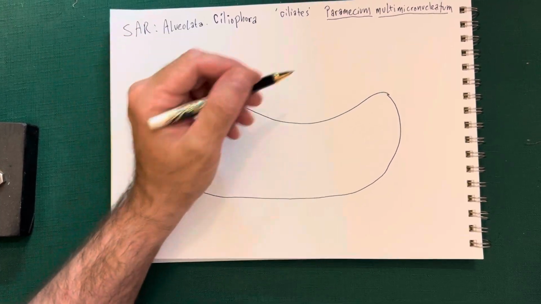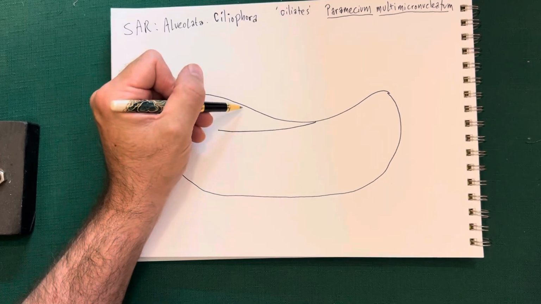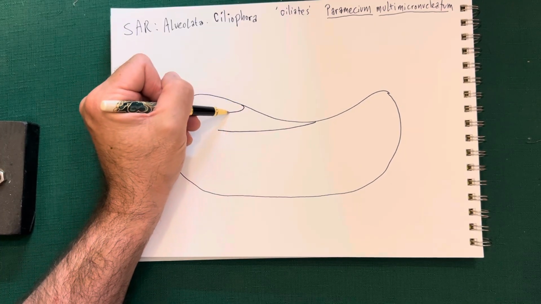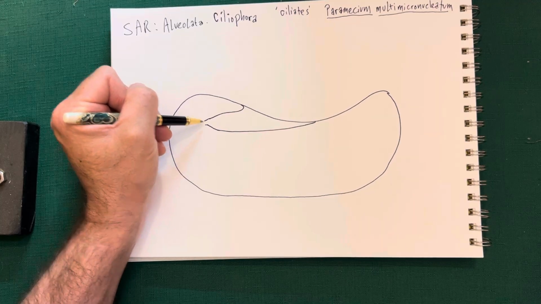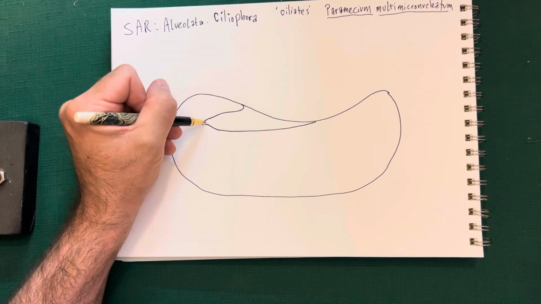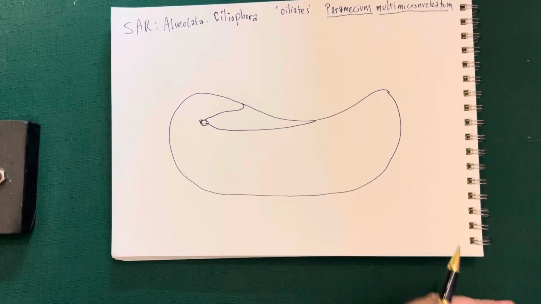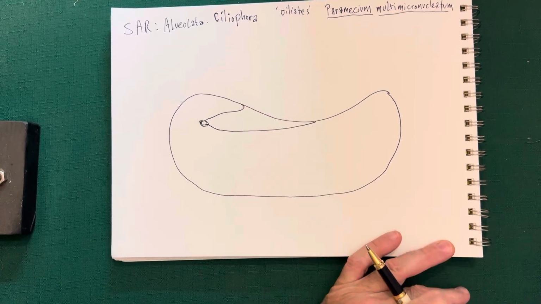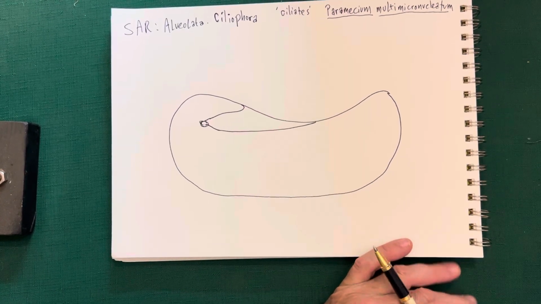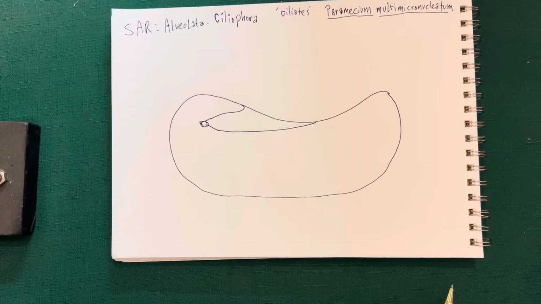Okay, so we're going to start with sort of a bean shape here. What we're going to find in the ciliates is they're thought to be some of the most complex single-celled organisms that have been encountered, because they have a lot of structures that are somewhat analogous to things we see in multicellular structures like animals.